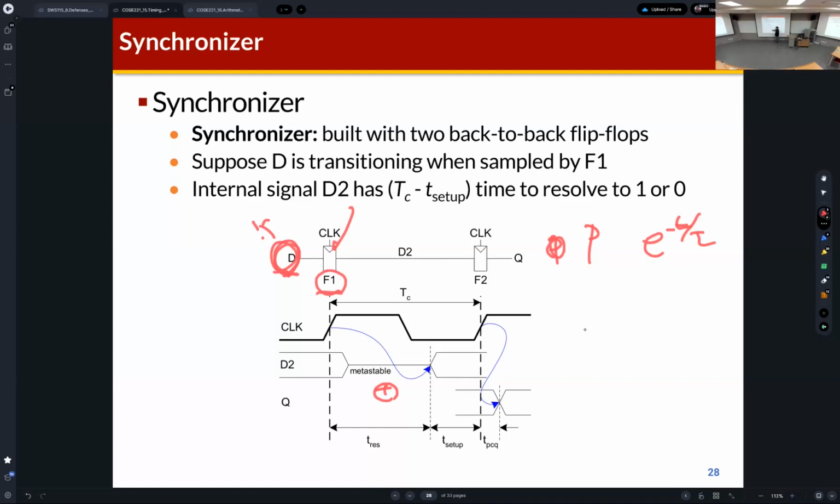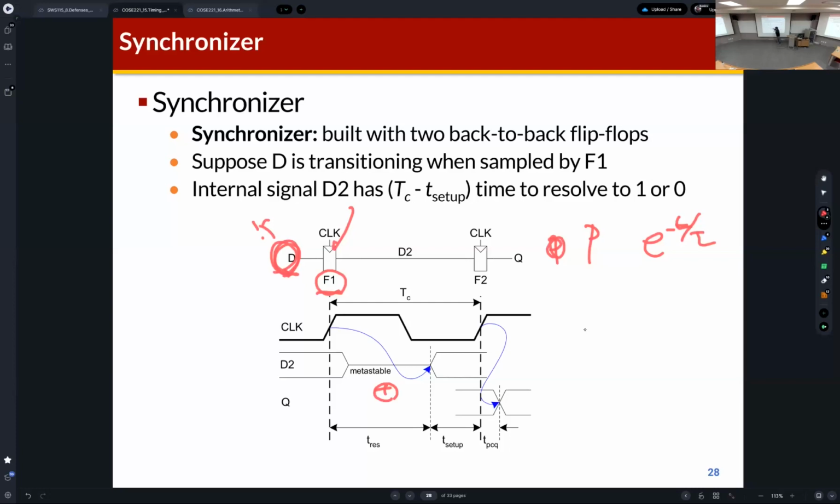With higher probability, if a user pushes the button during the aperture time, then we may observe metastability at this flip-flop F1. But after some time, the signal can go to 1 or 0.